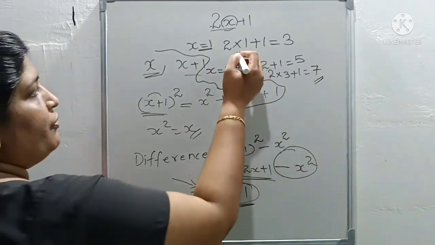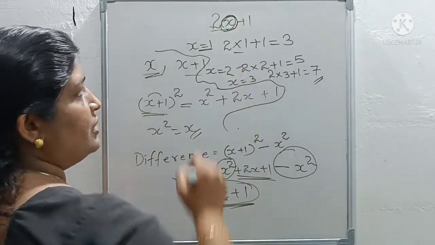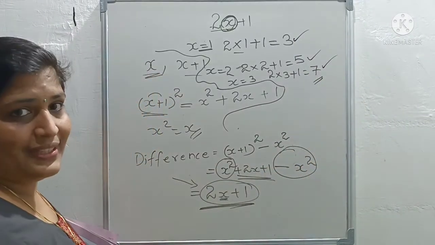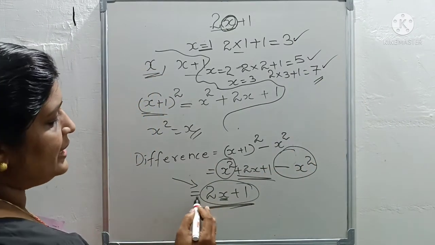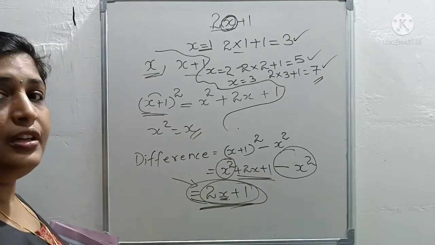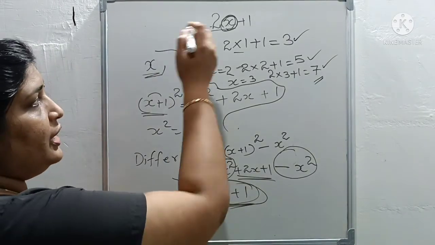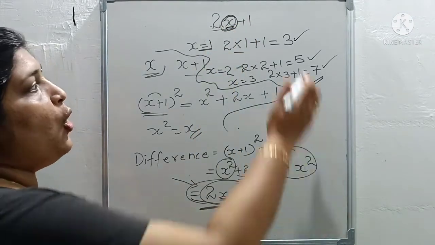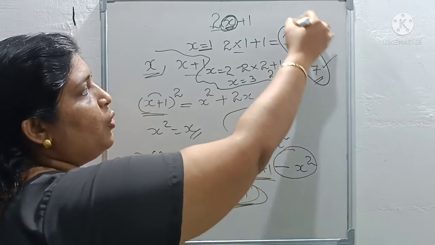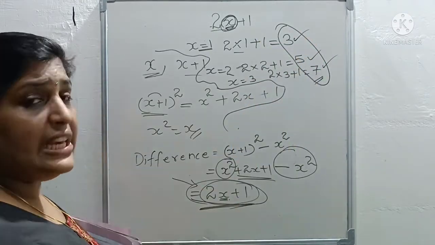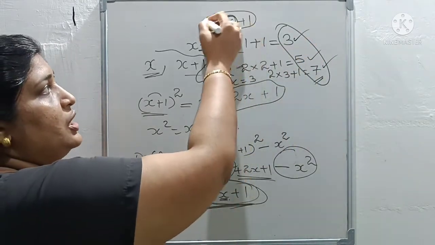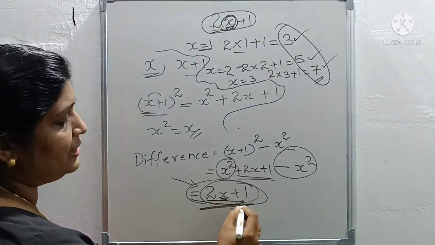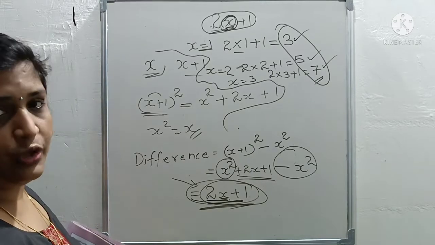If we give different values to this x, we get all odd numbers. If we give any number, this expression gives only odd numbers, so we can say that this is the general form of an odd number.